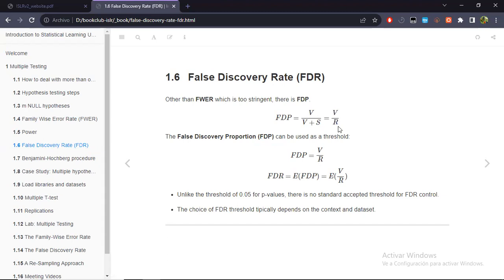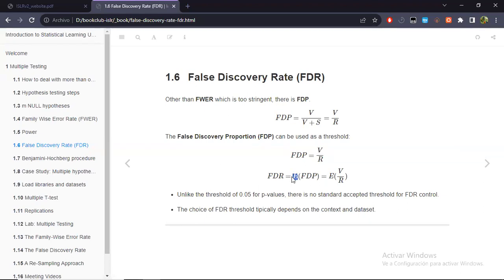So as I said earlier, we accept false positives so that we can get some more true discoveries. Well, this FDP, that is this false discovery proportion, as we saw, is defined as the number of false positives divided by the number of total positives. However, we do not have information about when there is a false positive. So really, the only thing that we can do is to try to estimate it.